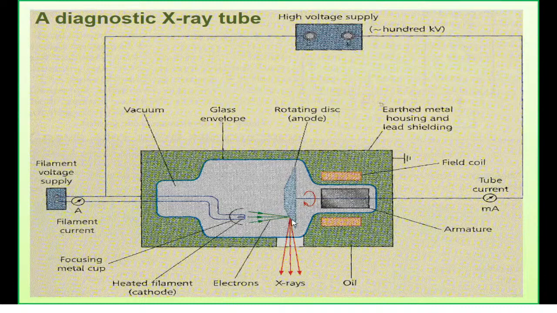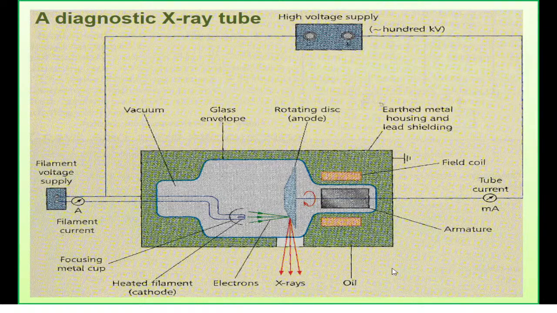This is the procedure of the deceleration of the electrons, and the electrons' kinetic energy is transferred into electromagnetic energy in only 1% of the number of the electrons, and 99% of the kinetic energy of the electrons disappears as heat.